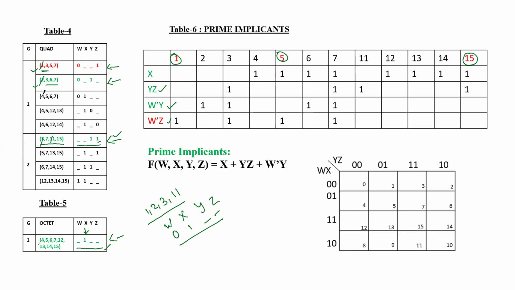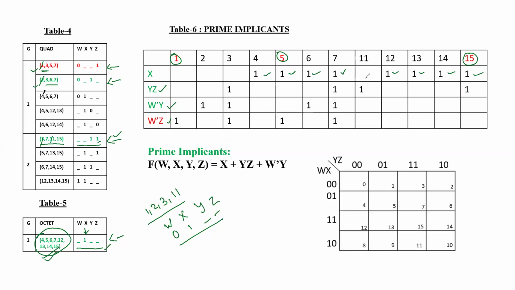So like in the X, if you see here, for that implicant, what we have here, 4, 5, 6, 7, 12, 13, 14, 15. These all 8 min terms are here. That's why I have written 1. Which min terms are not there?